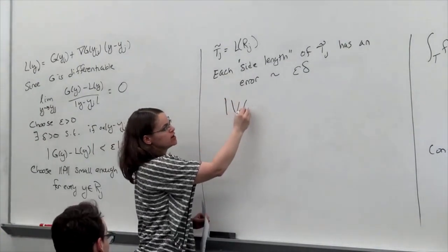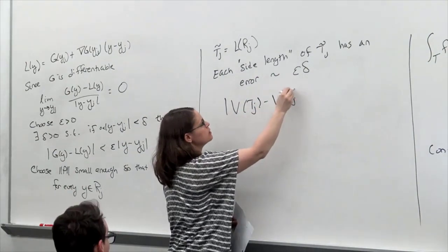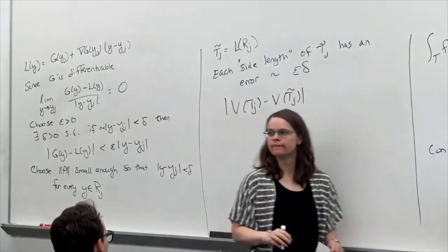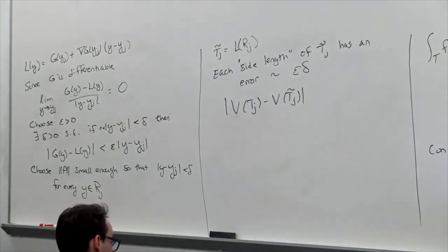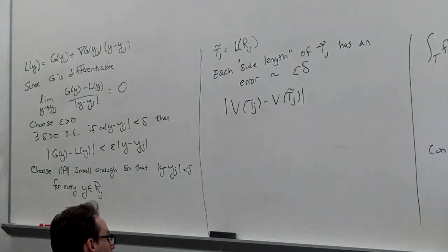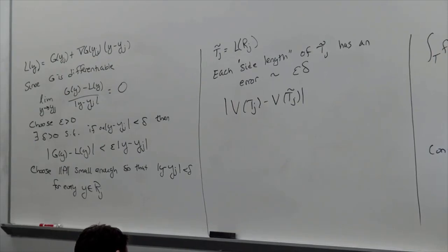So that means if I try to compare the volumes of these two things, right, this is a simple shape. This deviates from a simple shape, but the deviations are smaller, on the order of epsilon delta. So I have some little extra mass that I'm overcounting or missing. But that's on the order of epsilon delta.